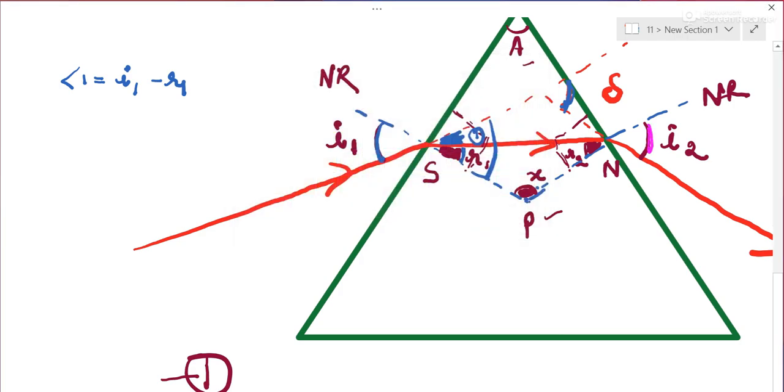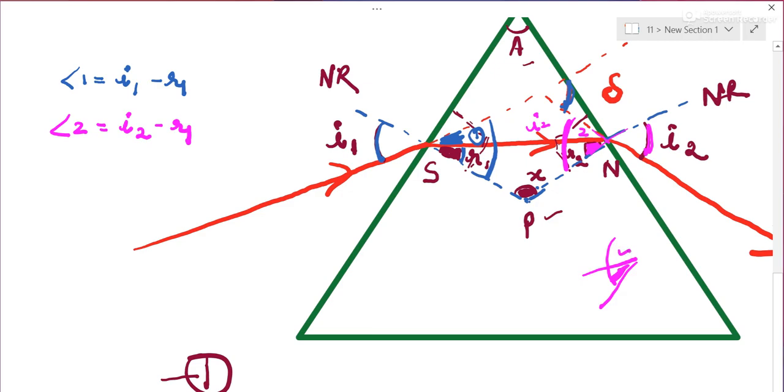Look, this is I2, a vertically opposite angle. This will be I2. Right? But the lower angle, this much angle, is R2. So this angle 2, you'll have to label in your diagram. That angle 2 would be I2 minus R2. I2 is full, and if you subtract R2, you get this upper one, which is I2 minus R2.